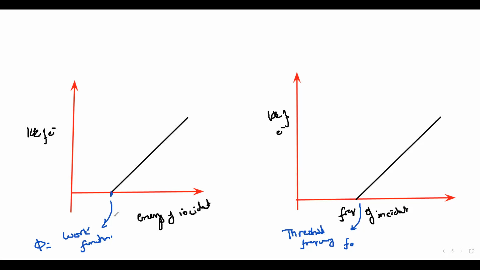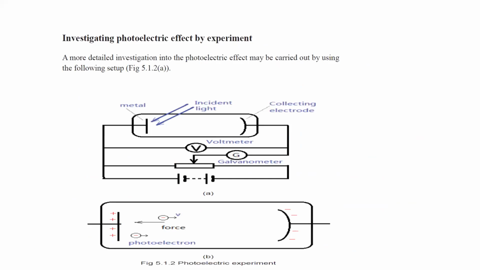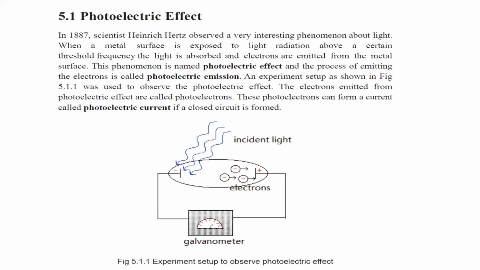So one is the minimum possible energy, another is the minimum possible frequency. The photoelectric effect is basically when light falls on the metal and electrons come out from the metal. This effect is known as the photoelectric effect. Is it clear till this point?